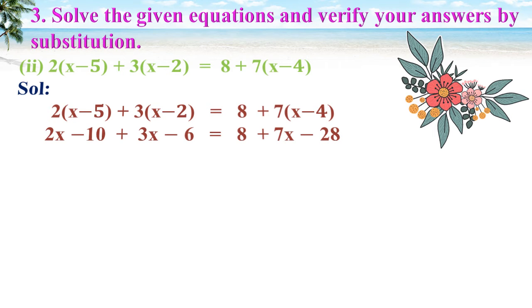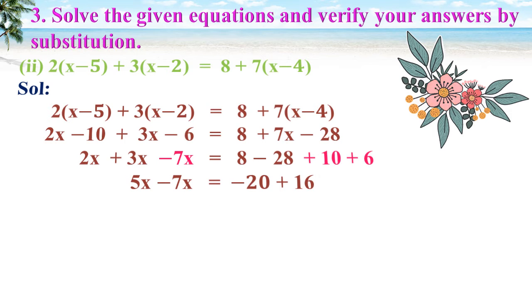Now we need to separate constants and variables. Here 2x, 3x and 7x are variables. Minus 10, minus 6, 8 and minus 28 are constants. Transposing plus 7x to LHS.